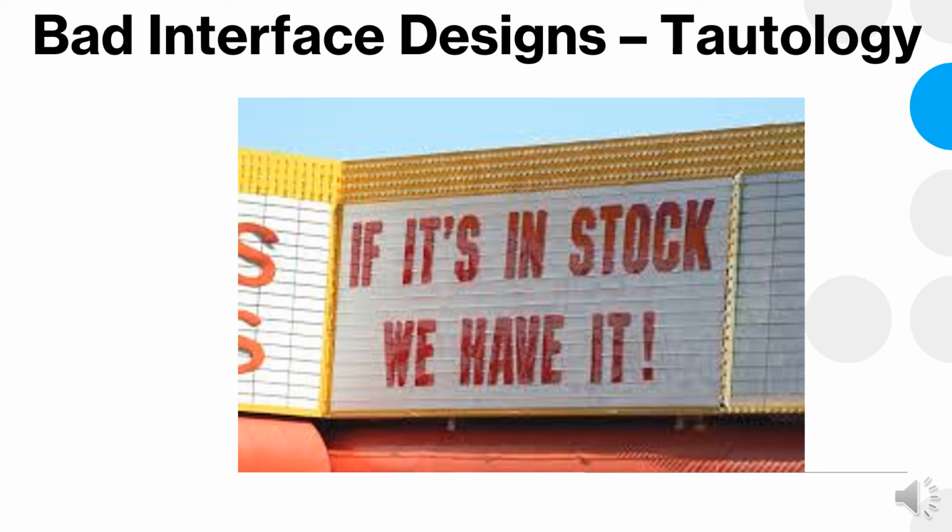If they just said in stock, then obviously the users would have known that they have it, but now it says if it's in stock, then we have it. It's just unnecessary information. It could have been reduced to very few words, maybe 3 or 4 words, and users would have understood what the designers are trying to say, or the message that's been conveyed by the sign.